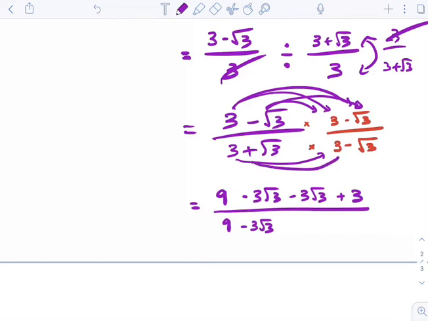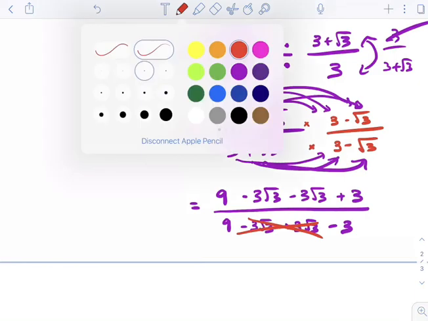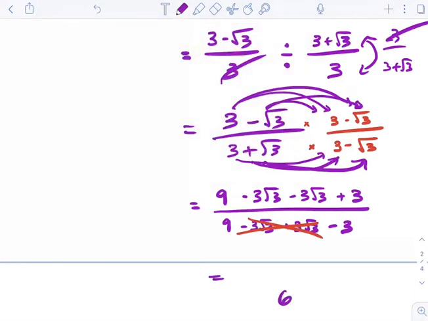Then positive 3 root 3, root 3 times 3 is plus 3 root 3. And then positive 3 root 3 times negative root 3 is negative 3. So on the bottom, these numbers will end up canceling out because one's positive and negative, the exact same thing. My denominator will be 6.